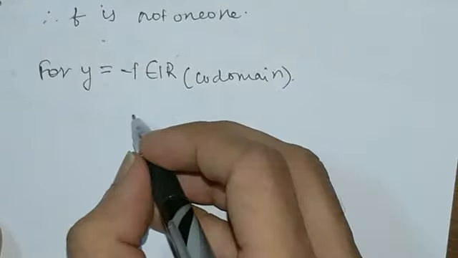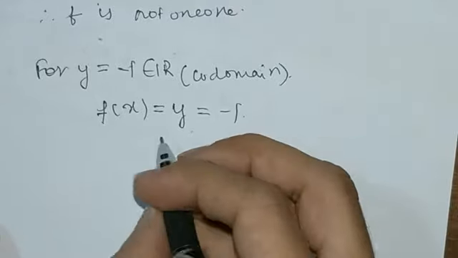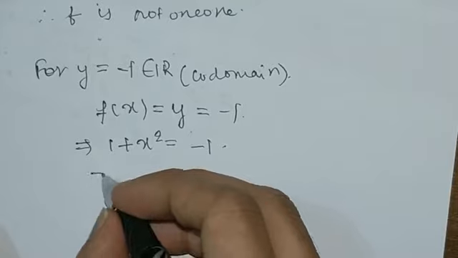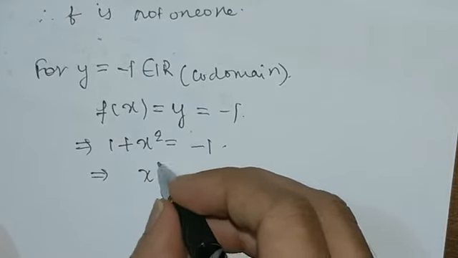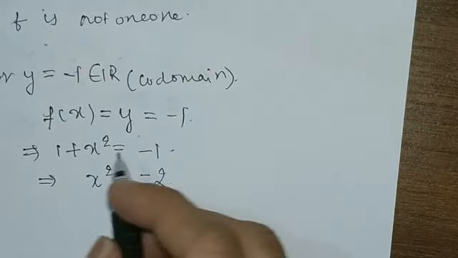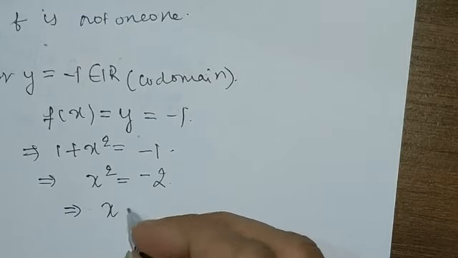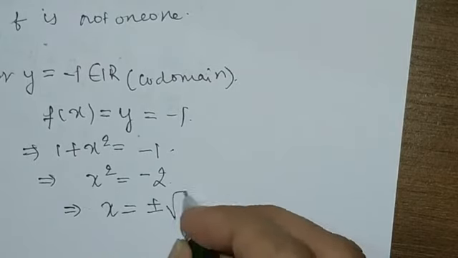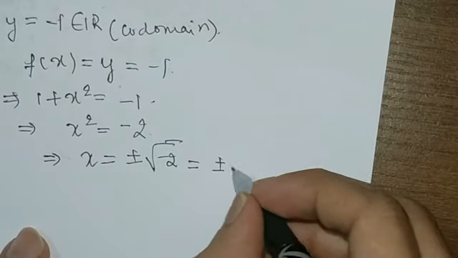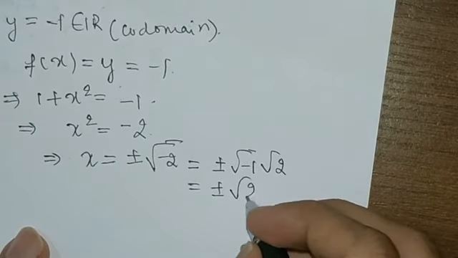Now if we want to find x such that f(x) is equal to y, f(x) is 1 plus x square, which is equal to minus 1. So you will get x square is equal to minus 2. Then x is equal to plus or minus root of minus 2, which is plus or minus root of minus 1 into root of 2.